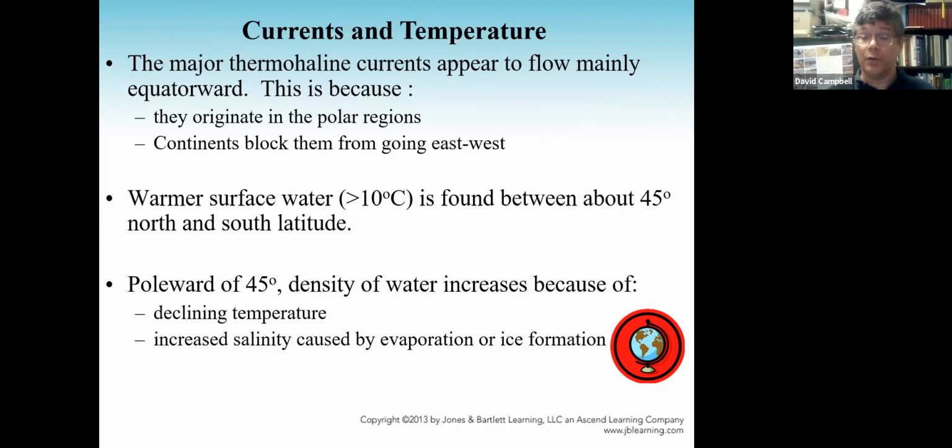But close to the poles, it's getting cold, and there's not much evaporation happening there. There's a little bit, but not lots typically, but places close to the equator may have lots of evaporation, and that water can move near the poles and get cold as well.